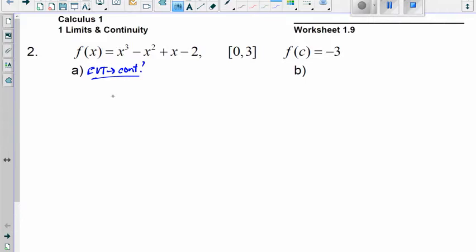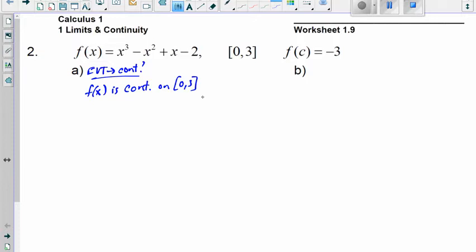So to verify, all we have to write down is f of x is continuous on the interval 0 to 3, because this is a polynomial. Polynomials are continuous. We don't have to worry about things like that until we get into fractions and stuff. So polynomial is enough to say it is continuous.